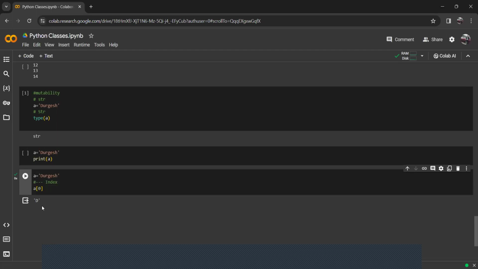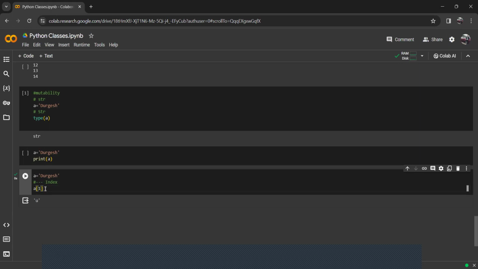The output is D, which means if you want to find out the letter at any index in the string, if you write A of 0, then you will get D. If I'm writing A of 1, then what will be the output? So in the variable A, I am just finding out the letters that are in that position. So in 1, we will get U.